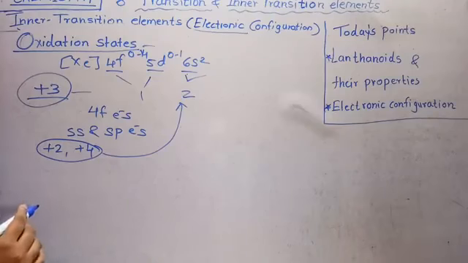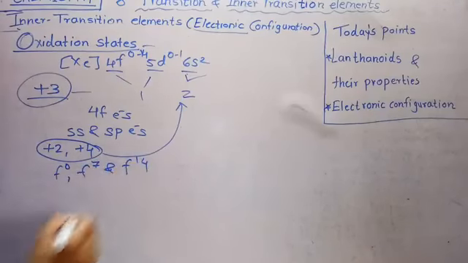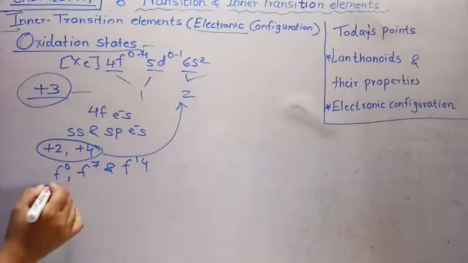These lanthanoids form ions with F0, F7 and F14 electronic configurations.